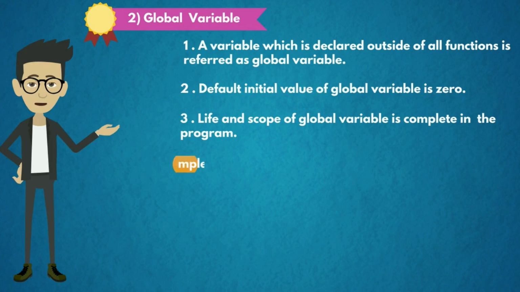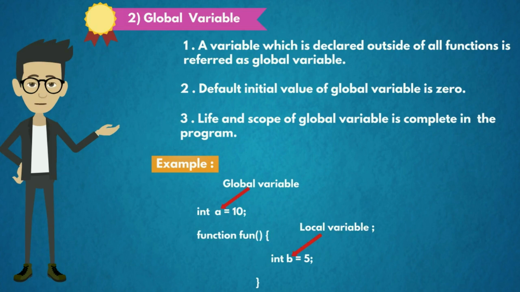For example, int a equal to 10 ending with a semicolon is known as a global variable. Next, we have the function definition like function fun, and then we have initialized a variable b as 5. This is known as a local variable. Local variables are always declared inside a function, whereas global variables are declared outside the function.